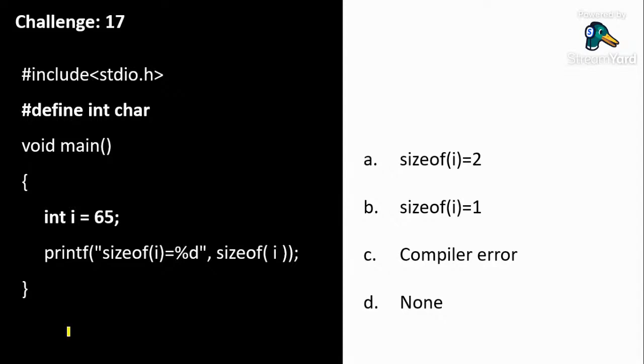So what is happening here? Size of I is equal to size of I here. So the first thing, it is taking the value 65 size, and the other one integer value size. So it will print character I is 65. So character size is 1, so it will print 1 as a size.